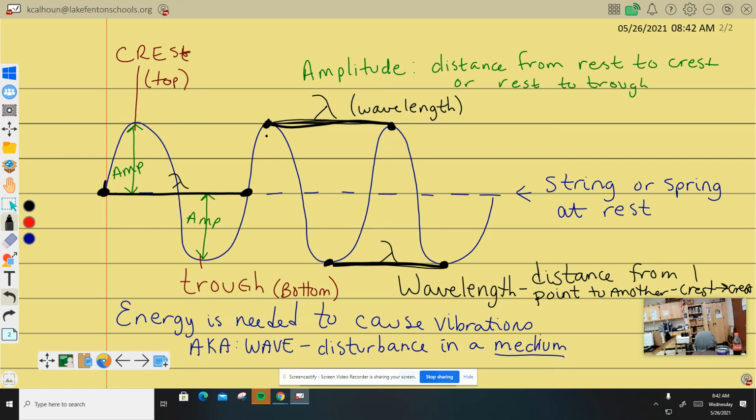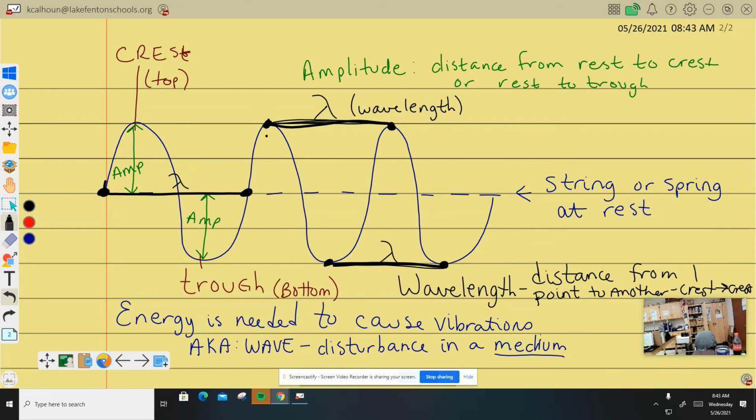I want to make sure I'm getting them all. I know I've got one more to do for sure. But I don't want to leave you hanging. Crest, trough, wavelength, amplitude. Aha. Frequency.